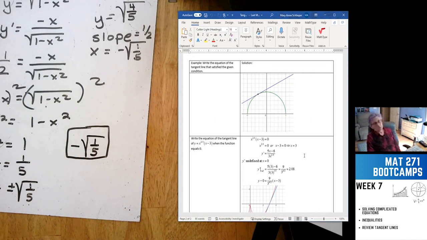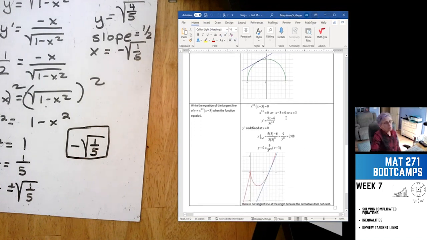So you only have to write the equation of the tangent line when x is equal to 3. So you plug 3 into your derivative to get the slope. You plug 3 in for x to get your y value. You already knew it was 0. You picked it that way. So y is just equal to slope times x minus 3. And there's the pretty picture.